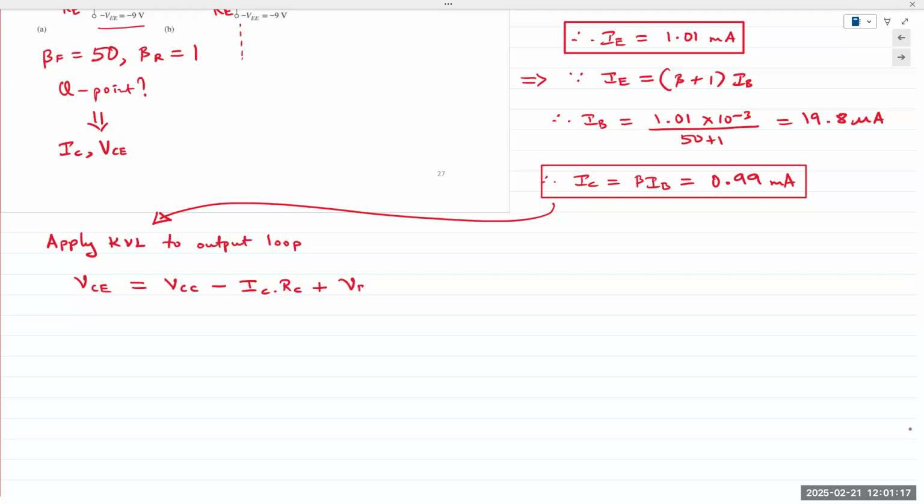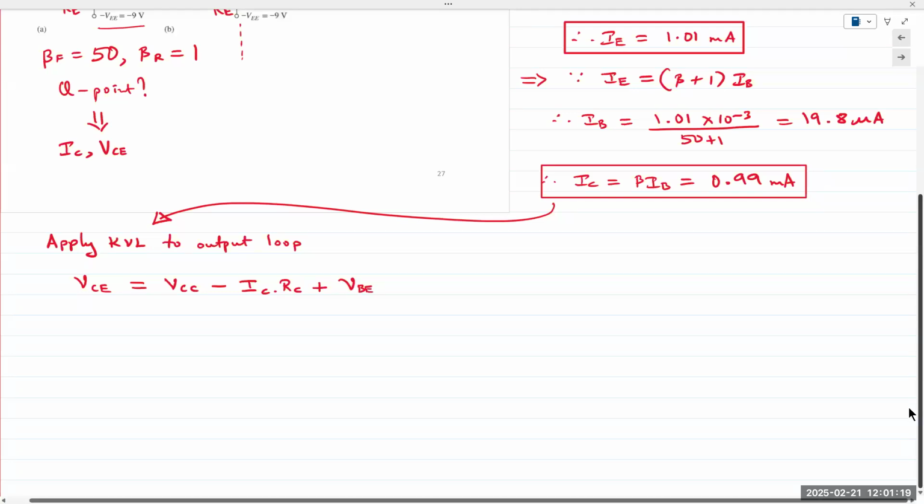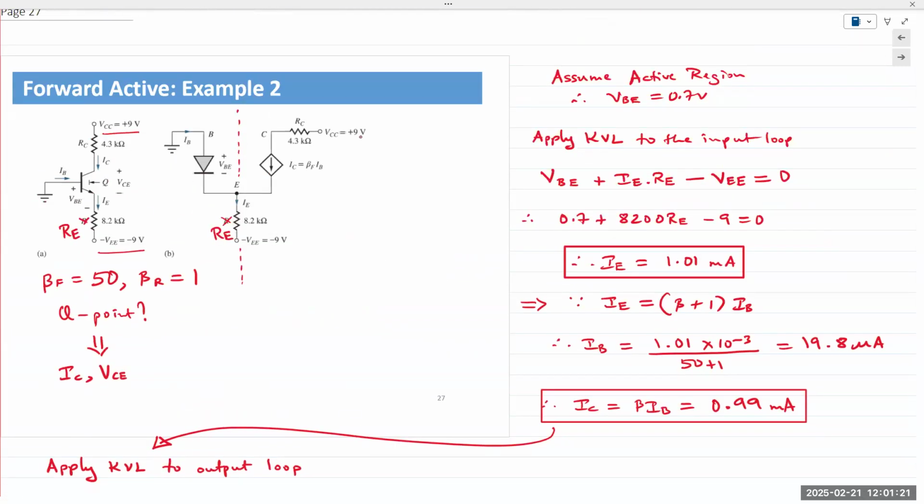So let me explain. When you wish to find VCE, you can apply KVL here for the output loop. You could also apply KVL in this direction. Does that make sense? All we want is a value for VCE.